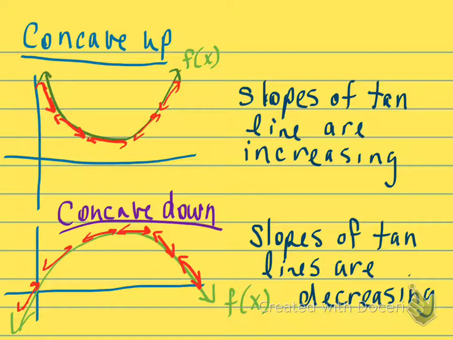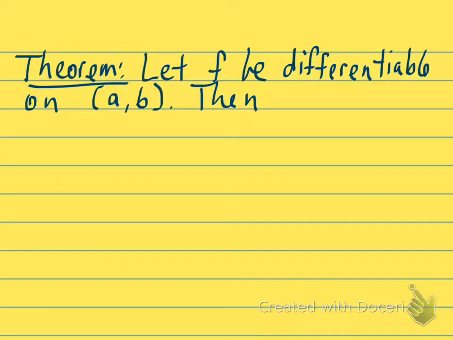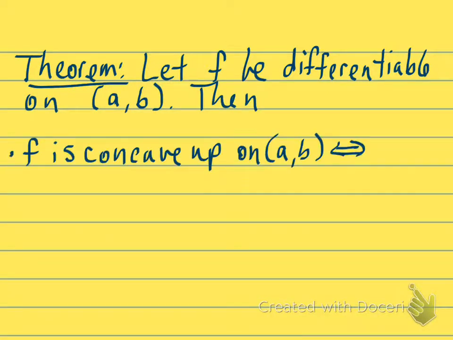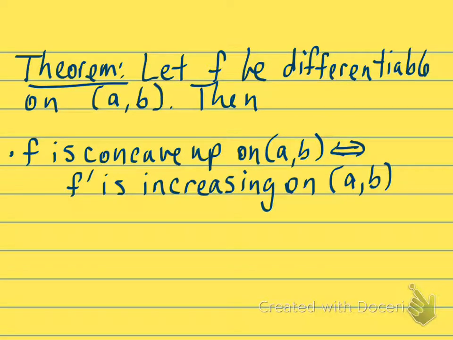Now let's put that together with what we know about the second derivative, namely that it's the derivative of the first derivative, and we get the following theorem. Let's suppose that we have a differentiable function on some interval from a to b. Then f is concave up on that interval if and only if f prime is increasing on that interval. So we just saw f is concave up if the slopes of the tangent lines are increasing.